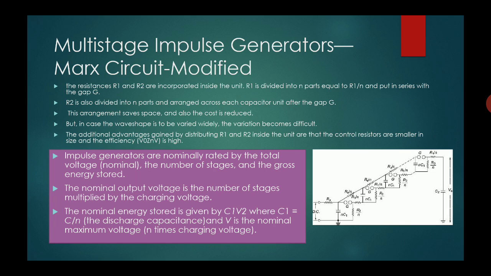The nominal energy stored is given by C1 V squared, where C1 is C divided by N, the discharge capacitance divided by the number of stages, and V is the nominal maximum voltage, that is N times the charging voltage. So the number of stages being N, the capacitance C1 is defined as C by N, and the maximum voltage obtained is N times the applied voltage.